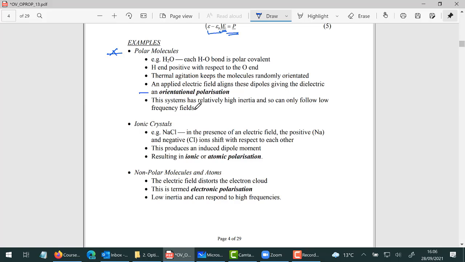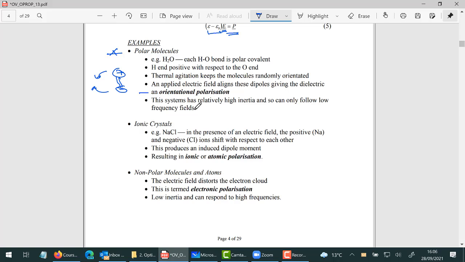So if we're trying to drive the system with its plus end and minus end, and we're trying to spin it round and then back again, then you can imagine that with a certain degree of inertia that's going to be possible at low frequencies but not at high frequencies.